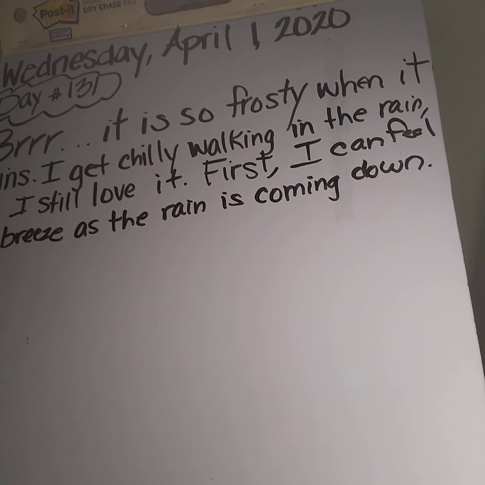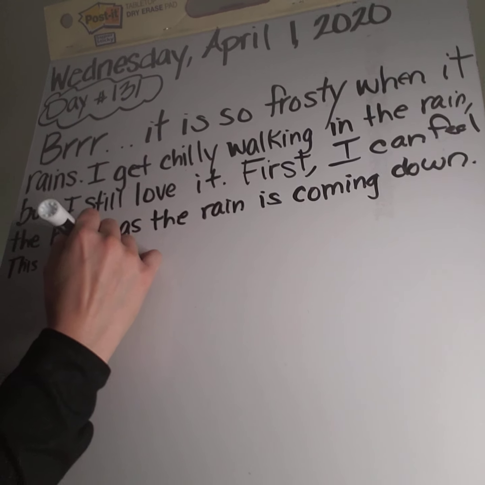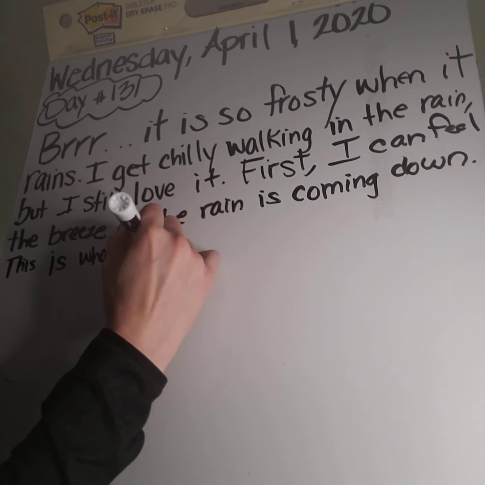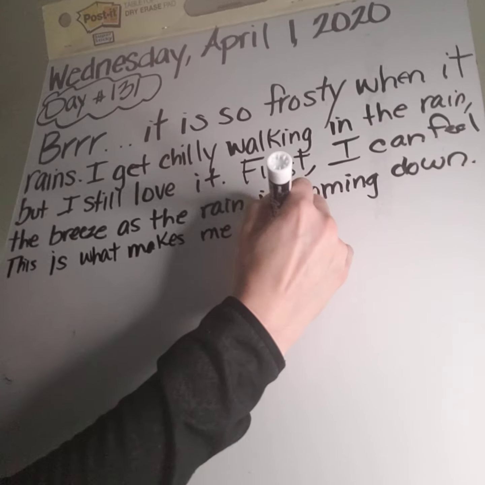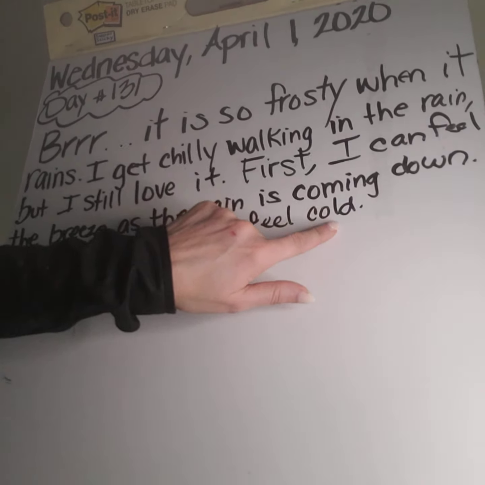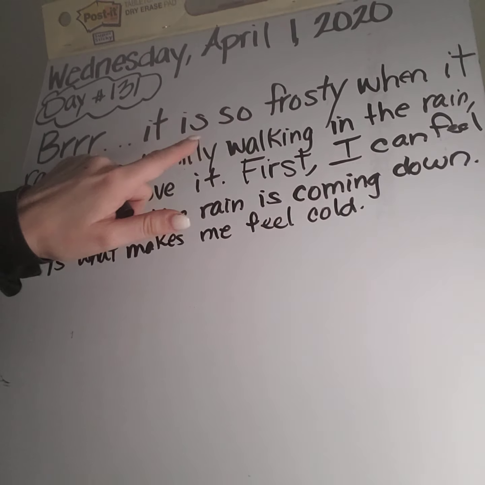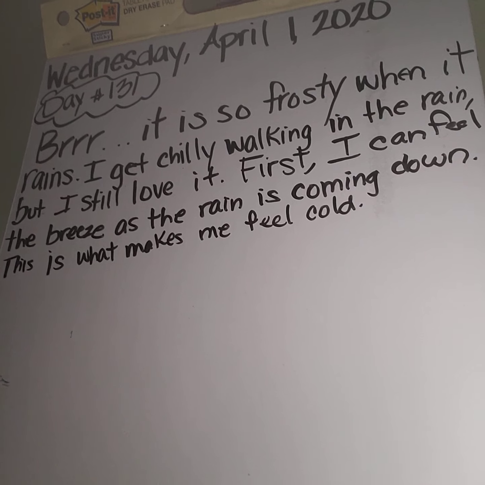This is what makes me feel cold. Okay, so now I'm coming back to that same word again, cold, frosty, chilly. And remember, my paragraph all has one thought to it.